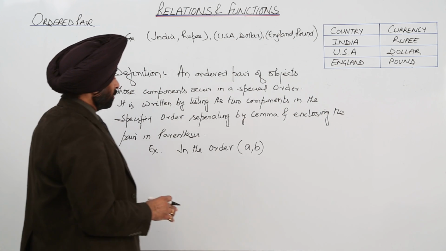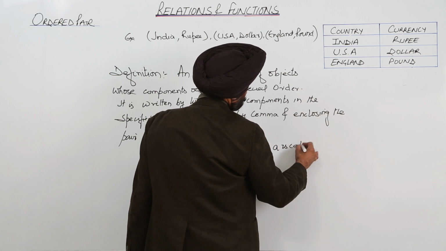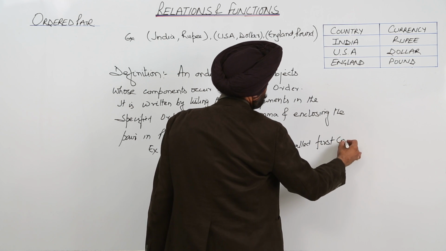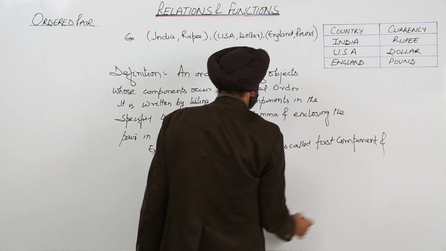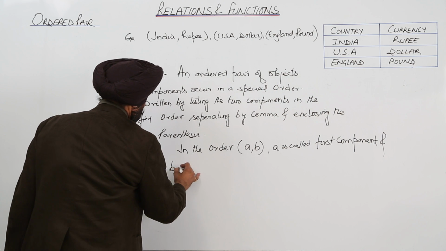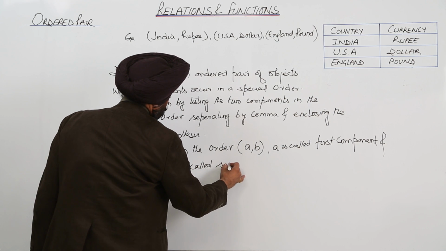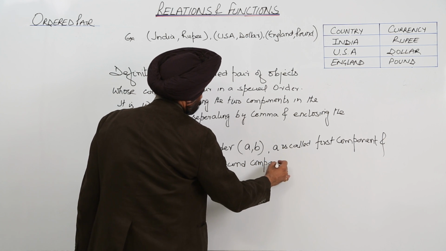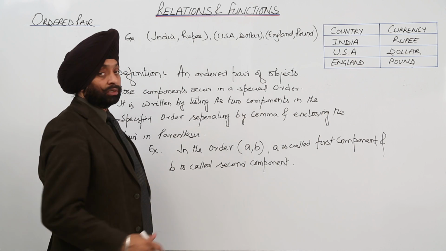So in the order A comma B, A is called the first component and B is called the second component. So this is all about the ordered pair.